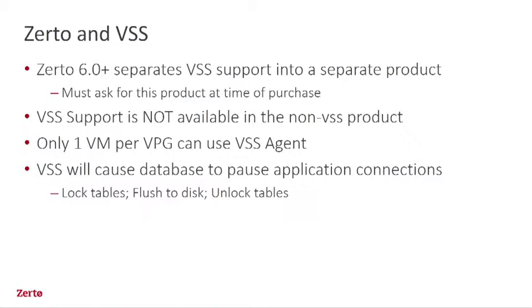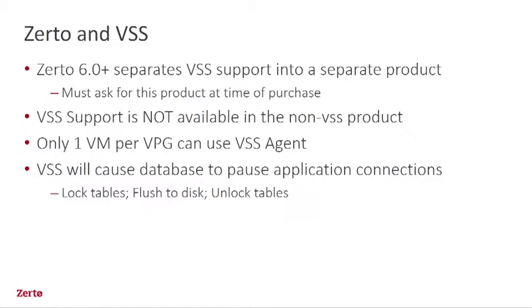Zerto 6.0 separates VSS support into a separate product. So if you want Zerto and our VSS agent, you have to specifically have Zerto with VSS. It's a separate installer. If you don't have that installer, we do not even have the VSS agent code in the product.